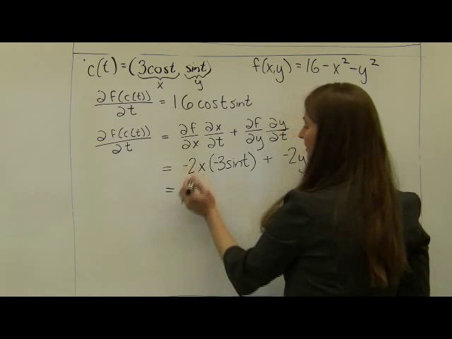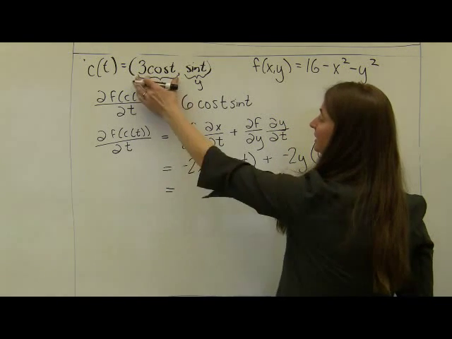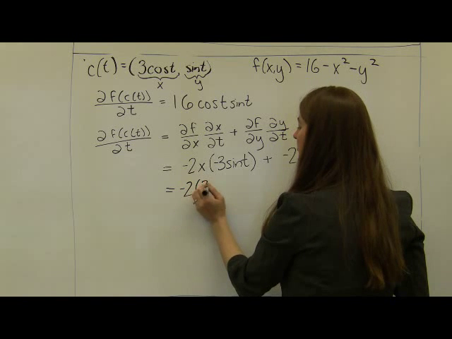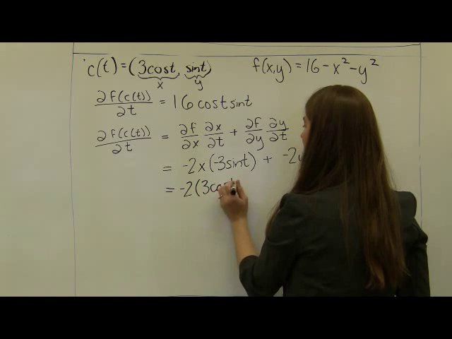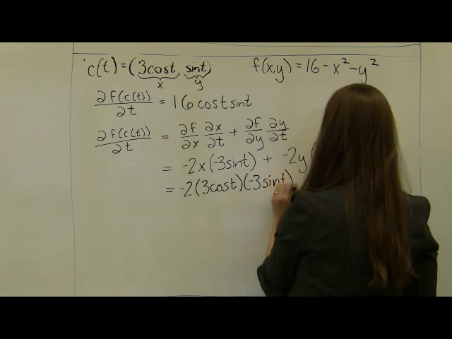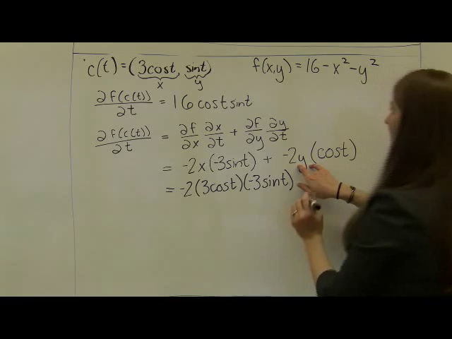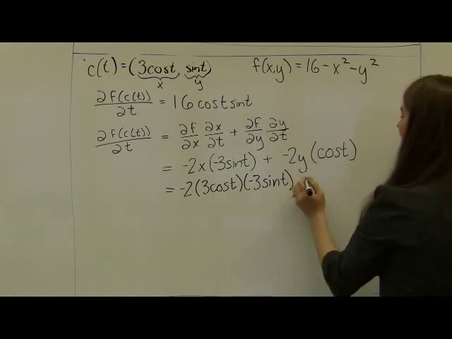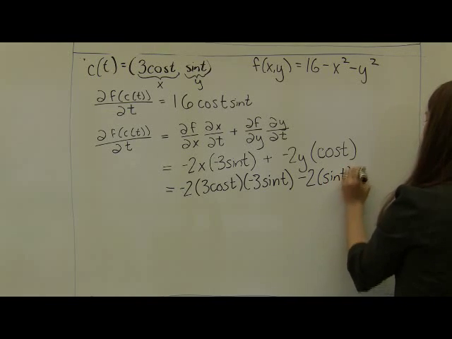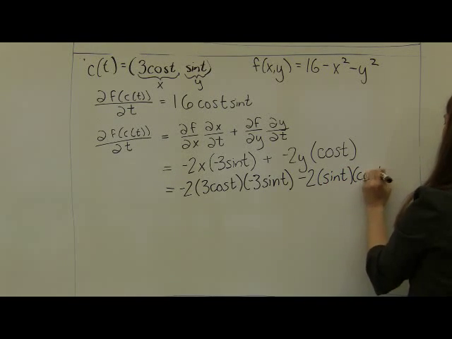So this becomes, by plugging in x being equal to 3 cosine of t, I get -2 times 3 cosine t times -3 sine t. And then plugging in sine of t for y, I get -2 sine of t cosine t.